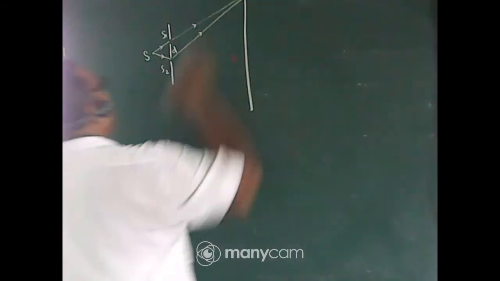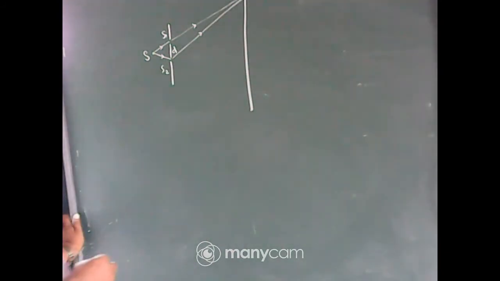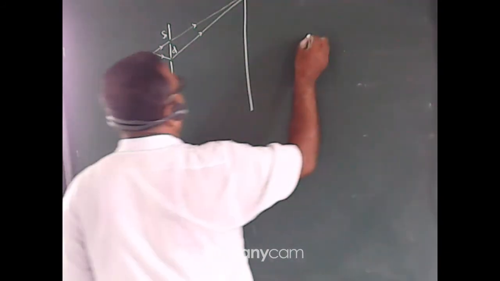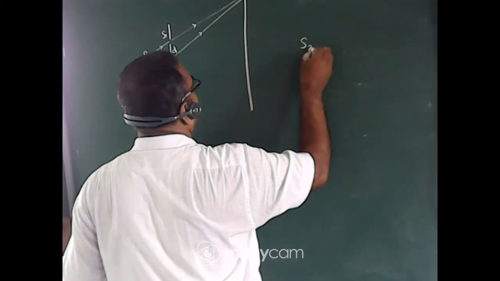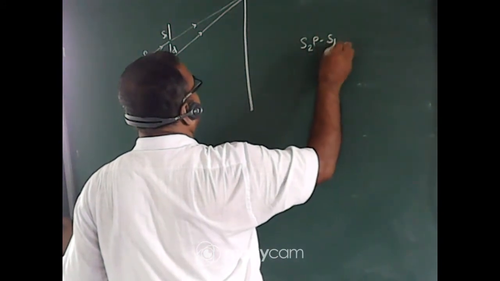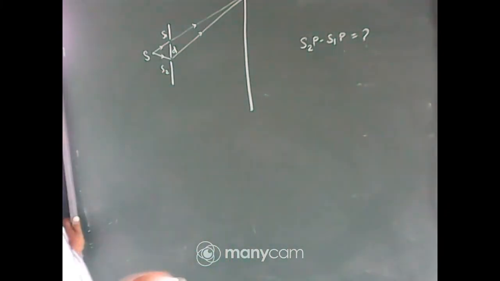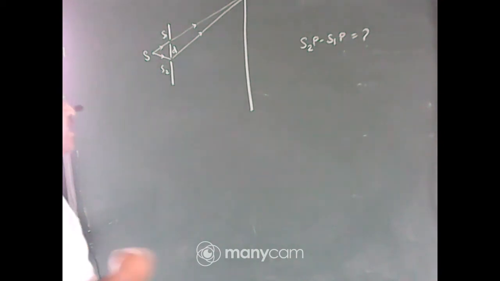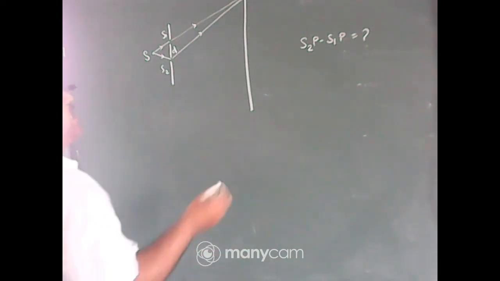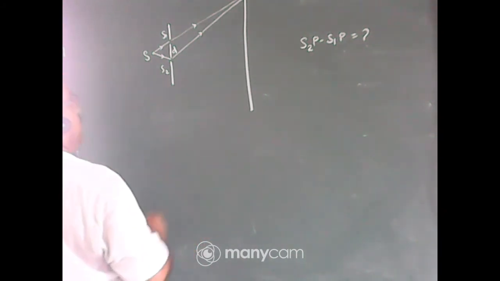So you find out the path difference between the two waves, that is, you calculate S2P minus S1P. How can we calculate it? And then you put the condition for the destructive and the constructive interference, and then you find out the value of fringe width.